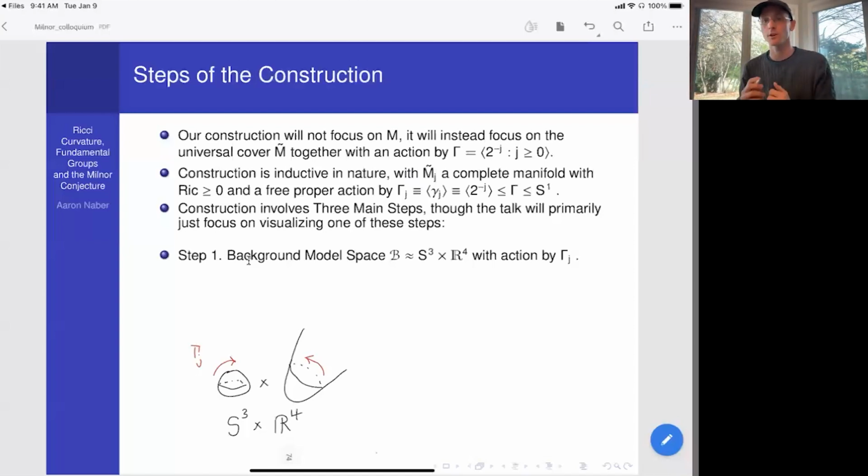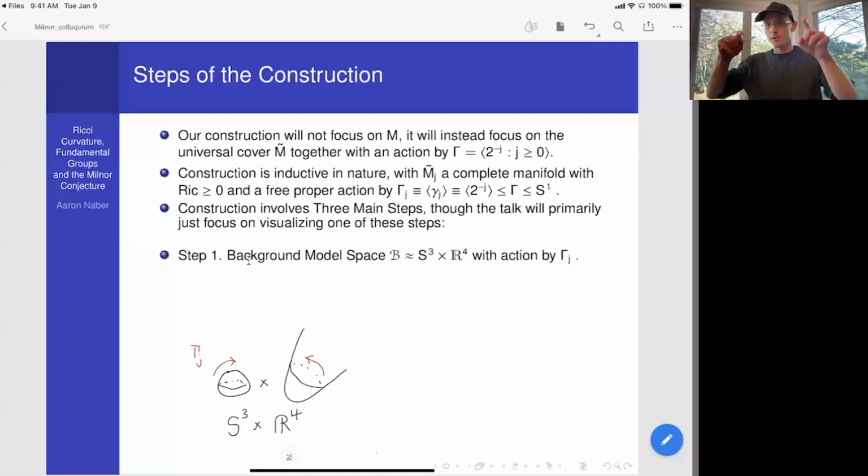Where we'll start with simply an S3 cross an R4, as the picture shows, but it's going to be equipped with an action by this gamma sub J. And what's important, and we'll say what that action is explicitly at some point, but the main thing to keep in mind right now is that the action is quite crazy.